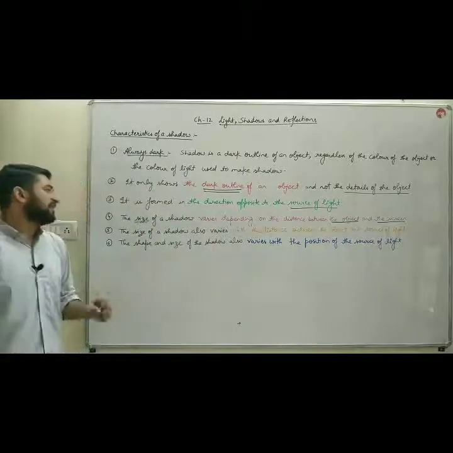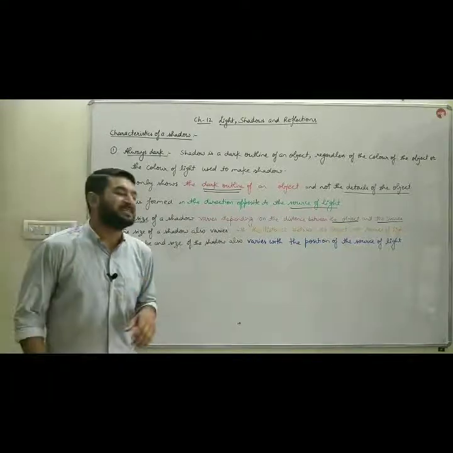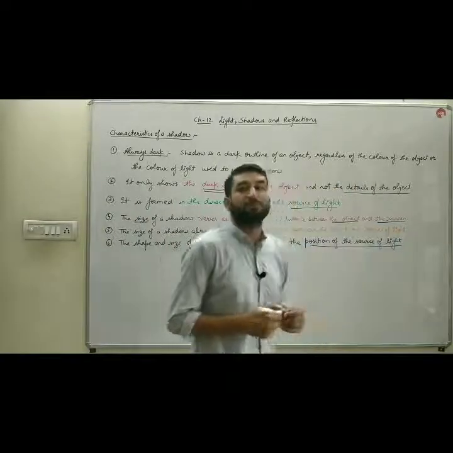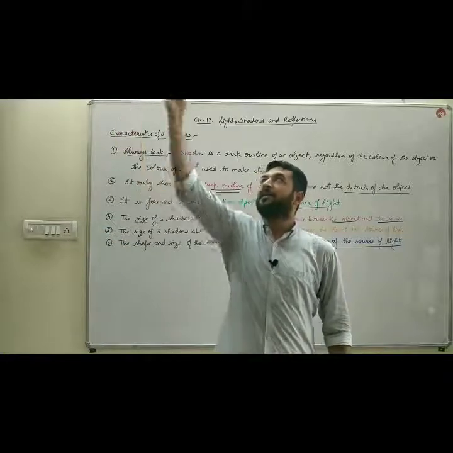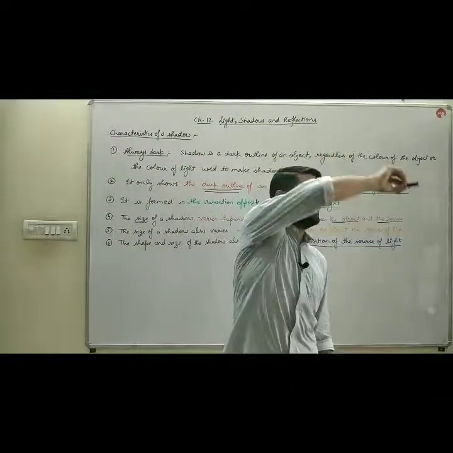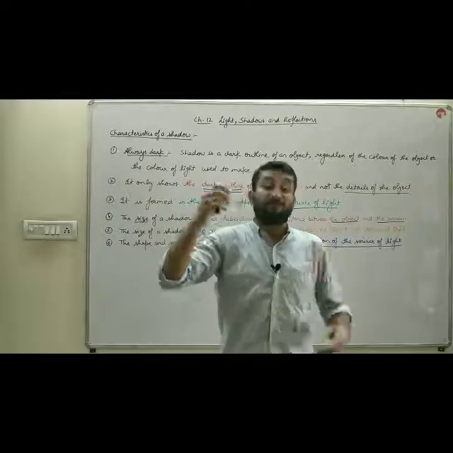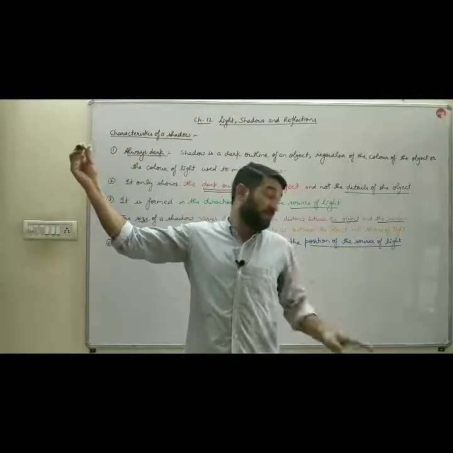The last one is the shape and size of the shadow also varies with the position of the source of light. Position means whether that source of light is placed here, here, here, or here. By these positions, the shadow varies. If the object is here, the shadow will be like this much.